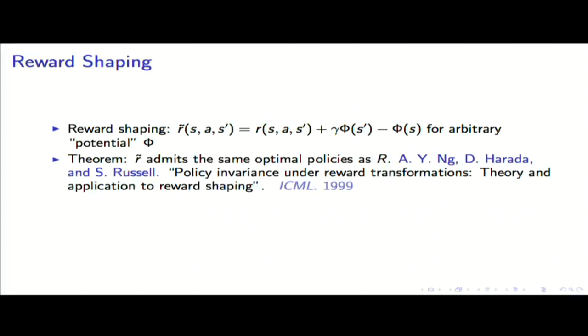It turns out it has exactly the same optimal policies as the original MDP. When we do this reward shaping transformation, with a discount gamma, the optimal policy according to the gamma discounted return is the same as the optimal policy before reward shaping.